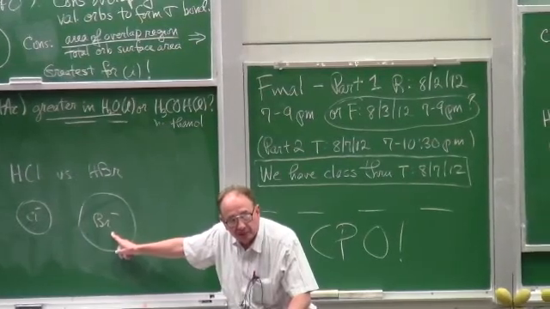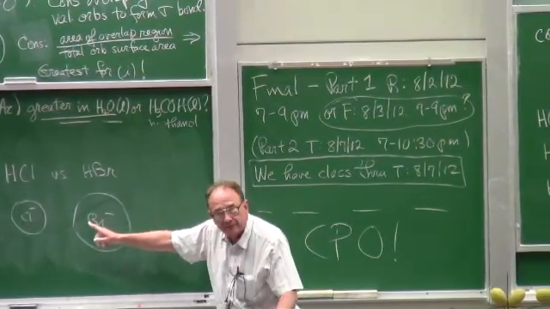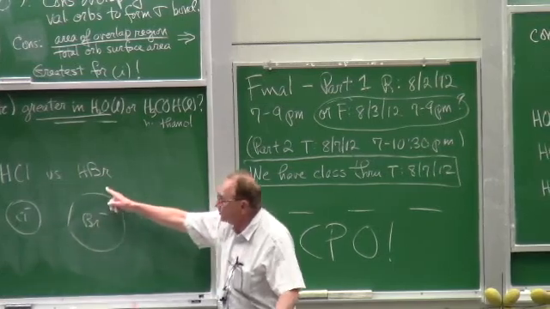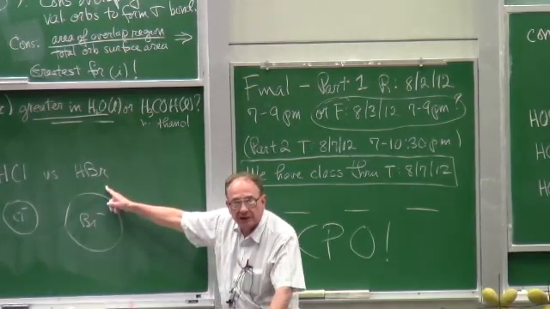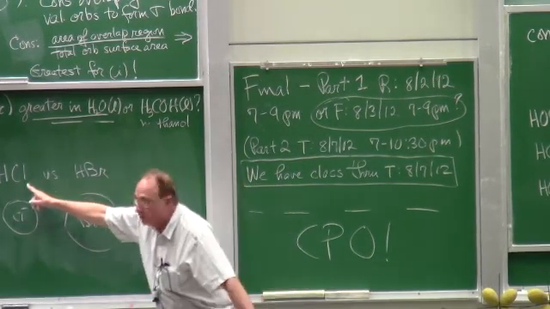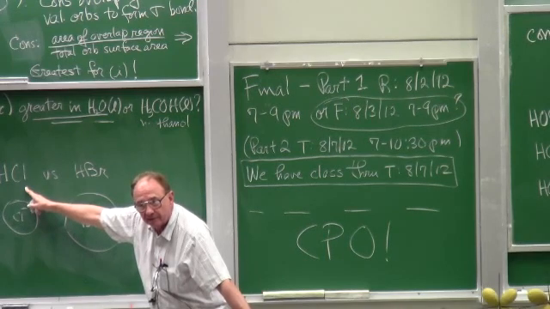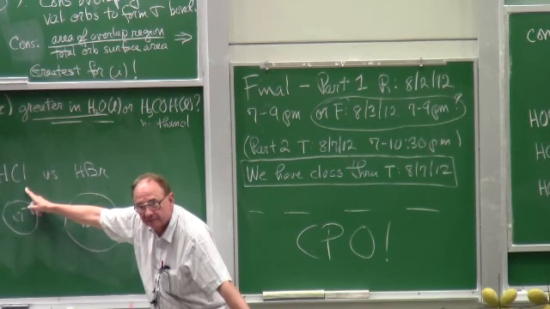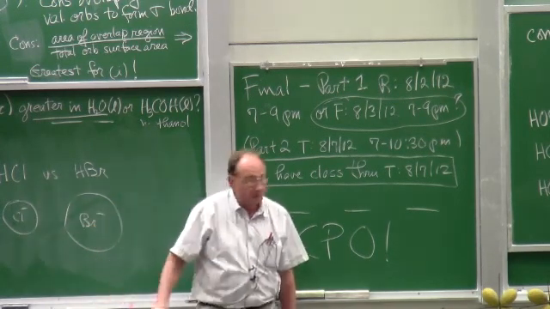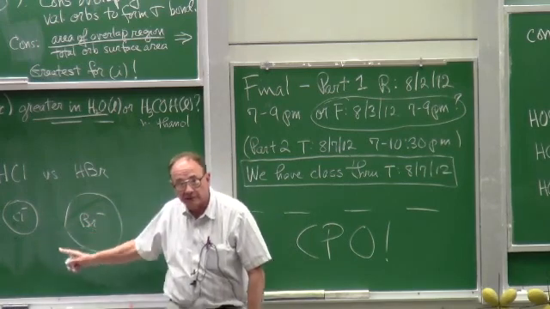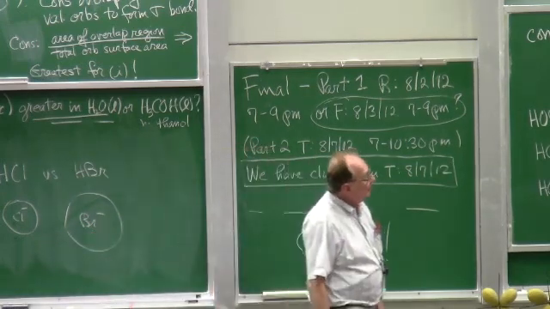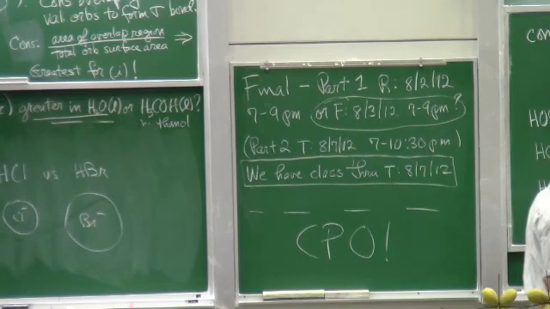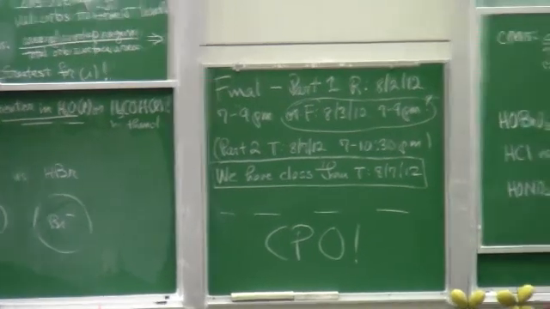If we try to rationalize the difference in the acid strengths between HCl and HBr based on electronegativity, we're going to argue HCl is the stronger acid. And we'd be wrong. So we opt for the charge to size argument. Big difference in size between these two. Is there also a big difference in size between these two?